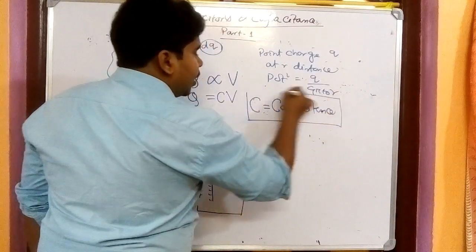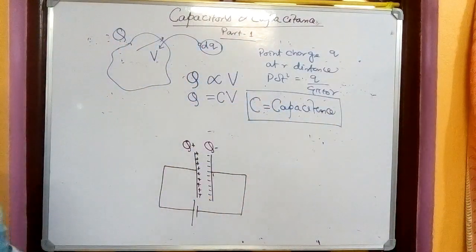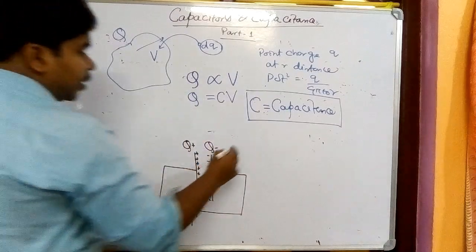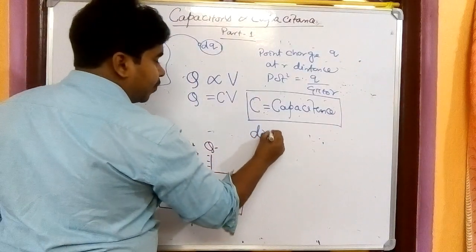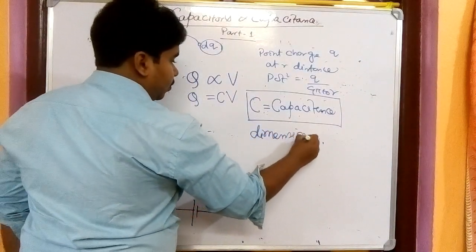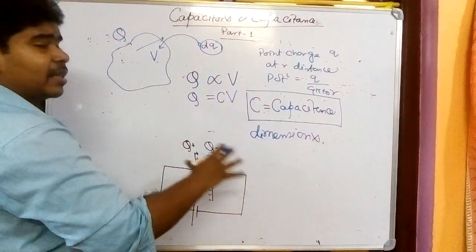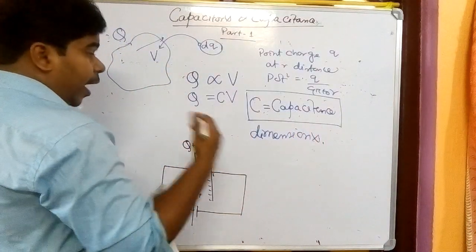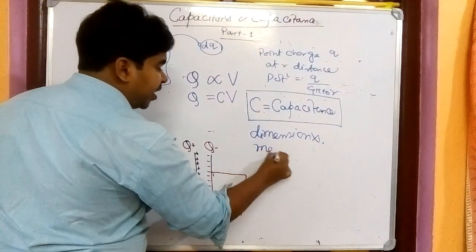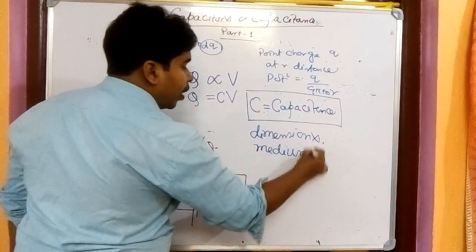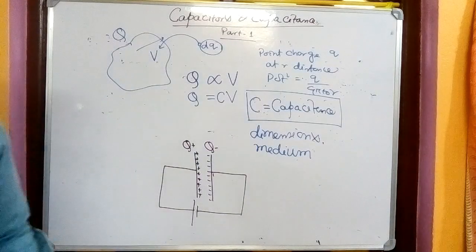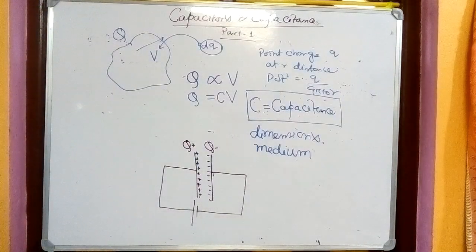Capacitance is the inherent property of a capacitor. One very important thing you have to learn from here: it depends on the dimensions, that means the size and shape of the conductor, as well as the medium in which you have done the experiment. What is capacitance?